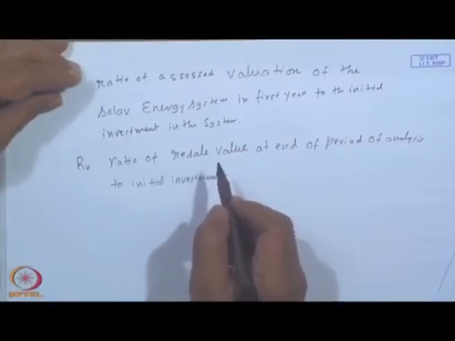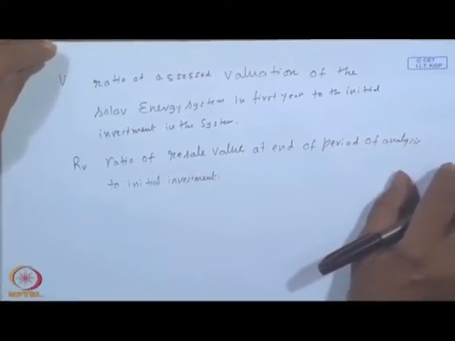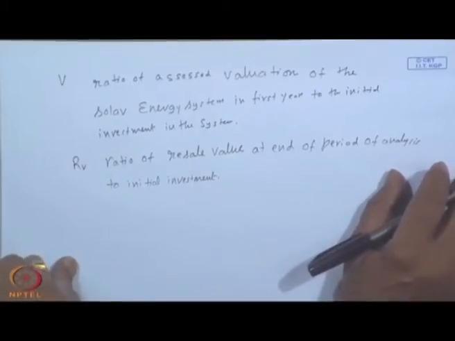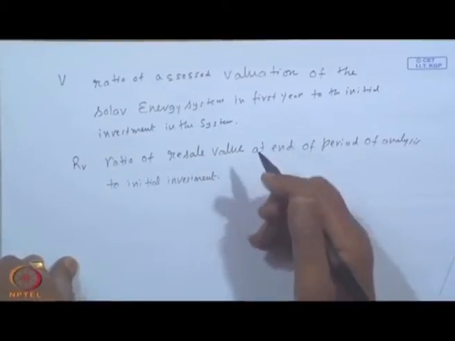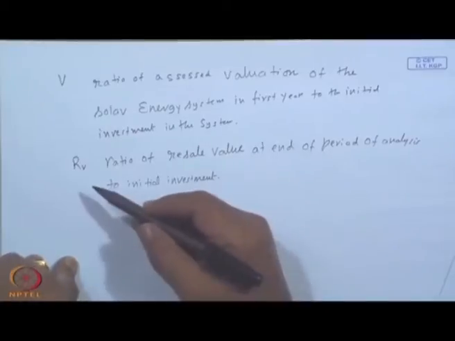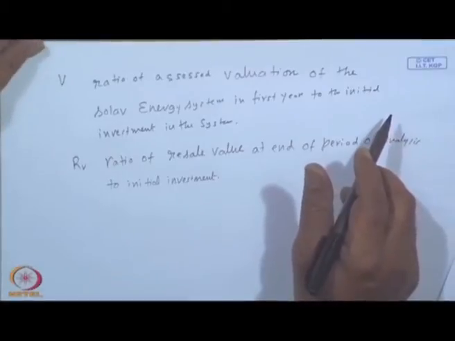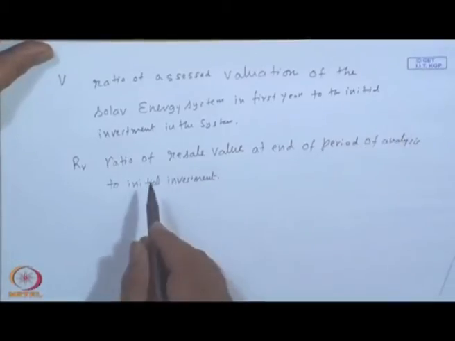So, this could be a factor 1, less than 1, or even more than 1 if the inflation is high. So, one has to find out if the RV is higher, it is a better system. In general, the economic viability will become better and better.